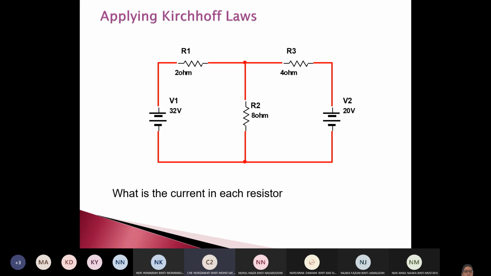So how do you deal with that? So once you obtain this, you also obtain the value of R1 and R3.